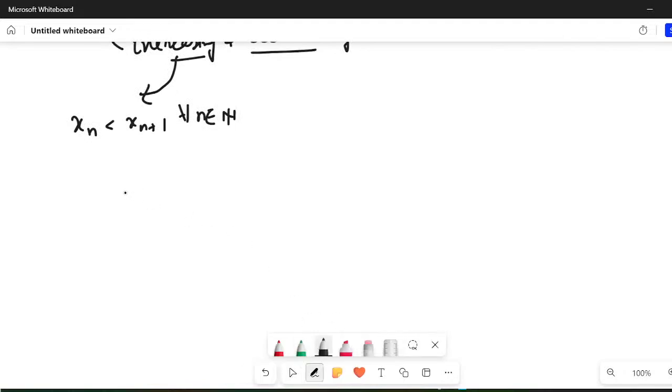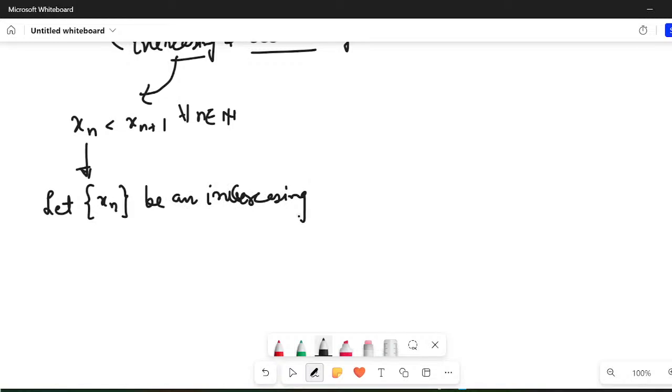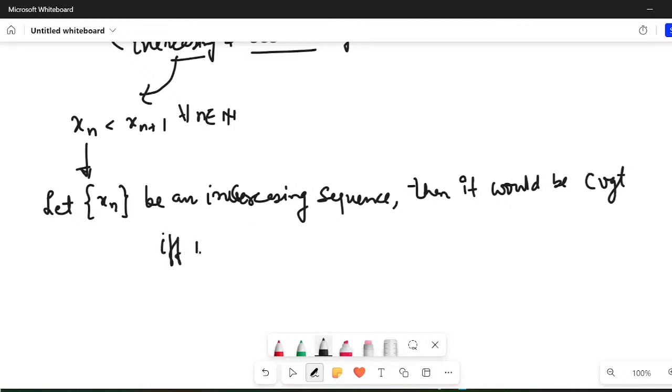Now you see how to establish the convergence. Here, let xn be an increasing sequence. Then it would be convergent if and only if it is bounded above.